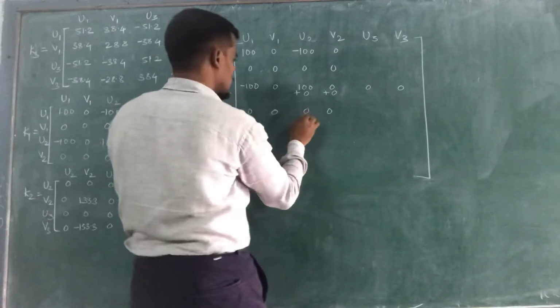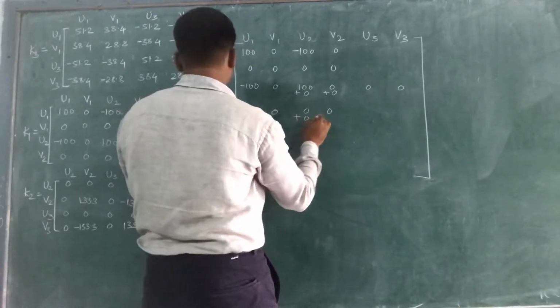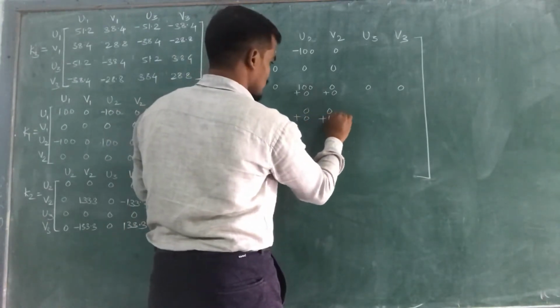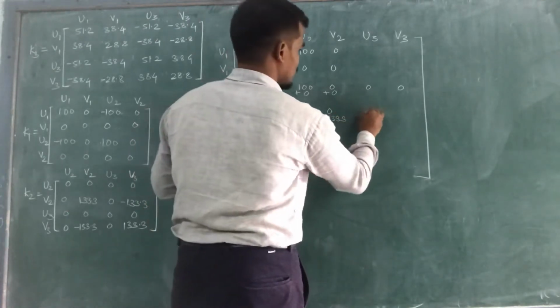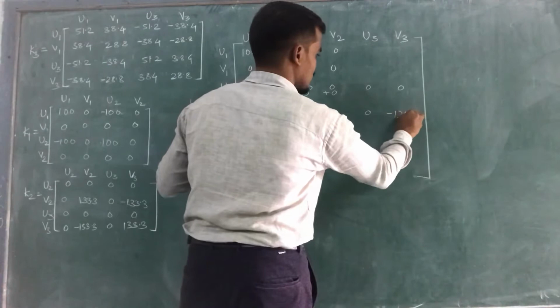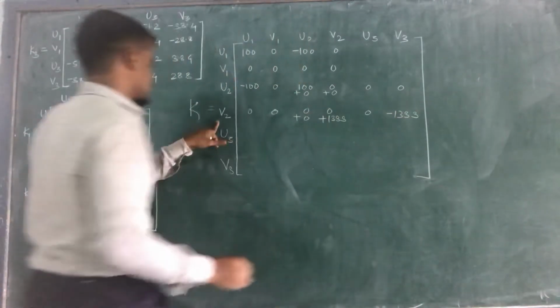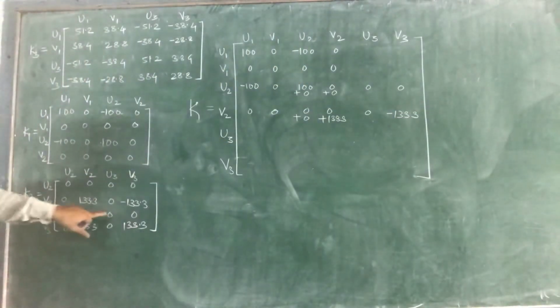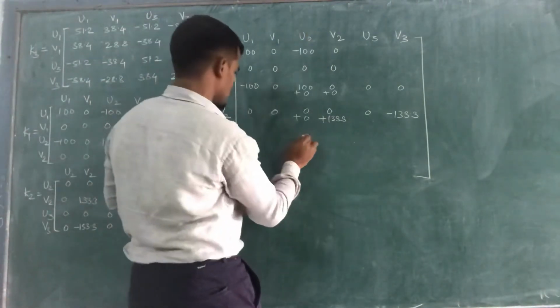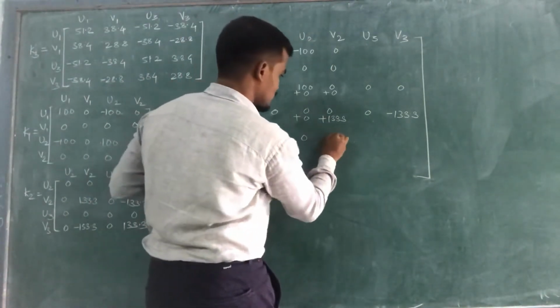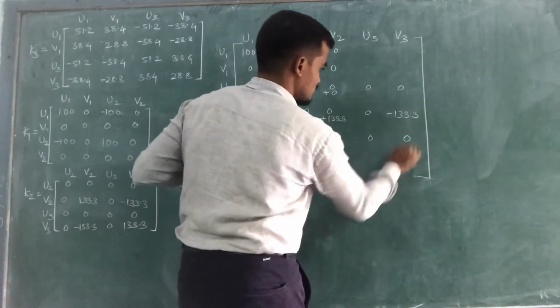So this is 0, plus 133.3, then 0, minus 133.3. Then next, third row, 0 0 0 0. It will start from the U3 row and U2 column. So 0 0 0 0.